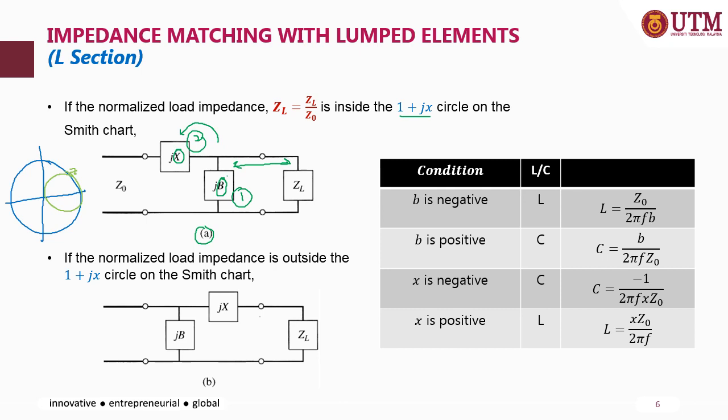To use the same chart as the admittance circle 1 plus jx, jB, you need to draw another one here. So 1 plus jB, representing the susceptance, and here 1 plus jX.